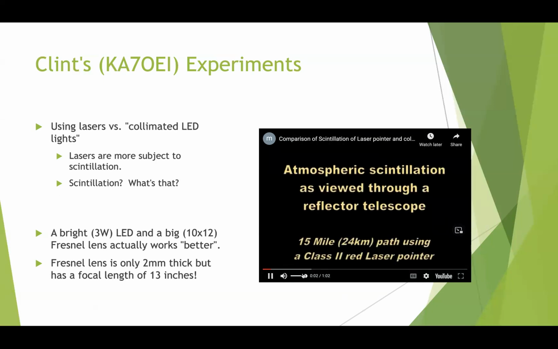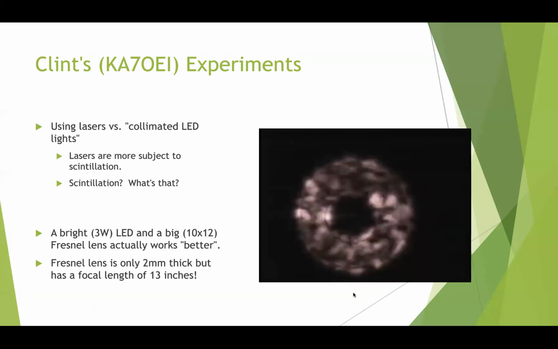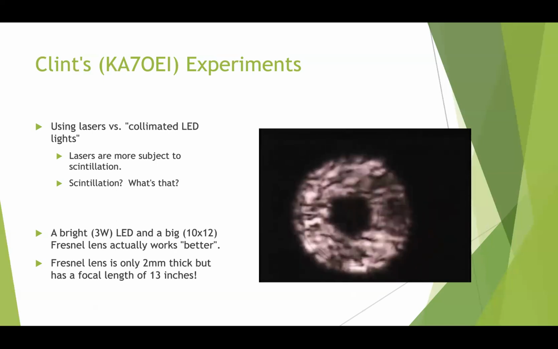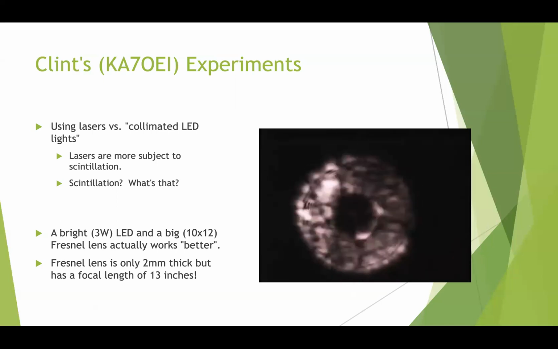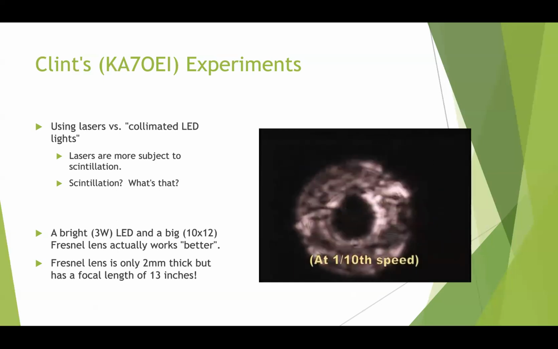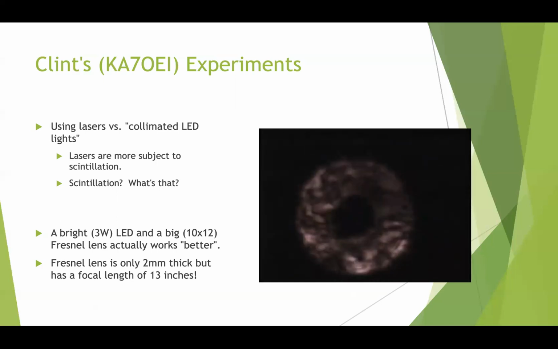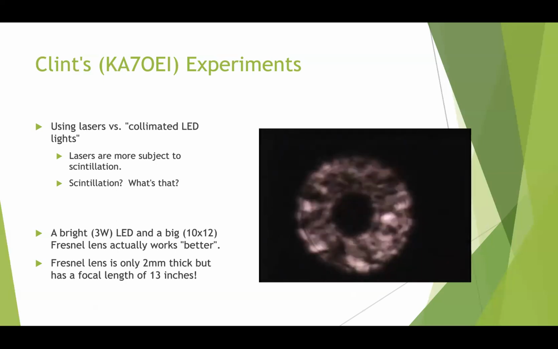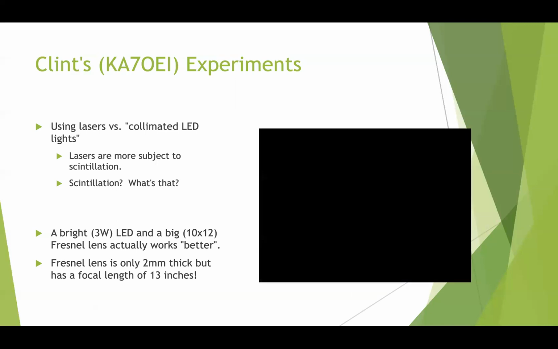Here's Clint Turner's video comparing a laser beam with a light-emitting diode beam on a 24-kilometre atmospheric path. The camera is focused on the receiver's Cassegrain telescope mirror, 20 centimetres in diameter. With the laser, the speckle pattern is a chaos of deep, rapid scintillation extending up into the kilohertz region. This laser beam has a minimal capacity to convey recoverable modulation.